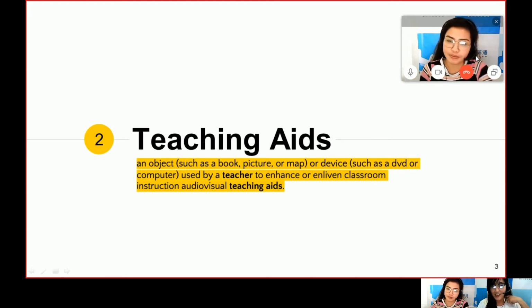So teaching aids are objects such as a book, picture, or map, or a device, usually MP4, DVD, or a computer file, used by a teacher to enhance or liven the classroom instruction. Audio visual teaching aids.